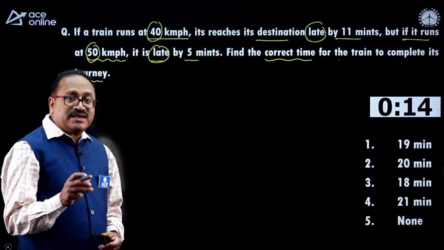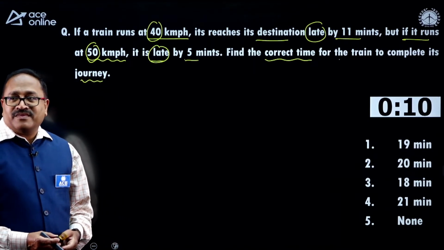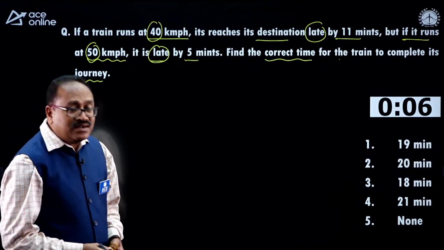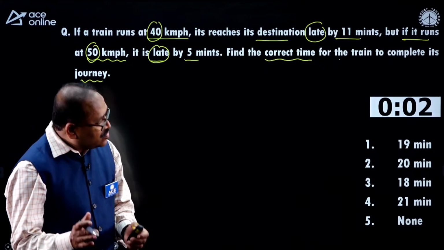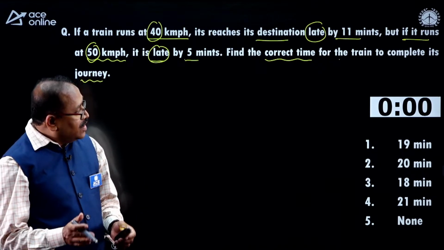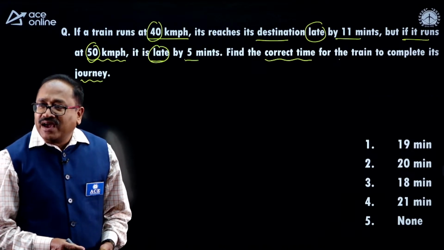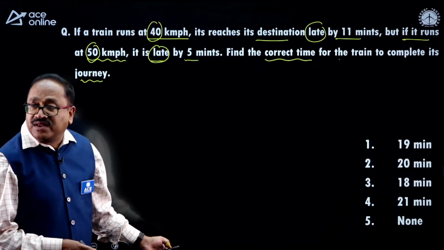And after 30 seconds, I will solve this question. I am sure some of you will be able to answer. 5 seconds, 4 seconds, 2, 1, 0. Time is up, and this wonderful lady answered option 2.